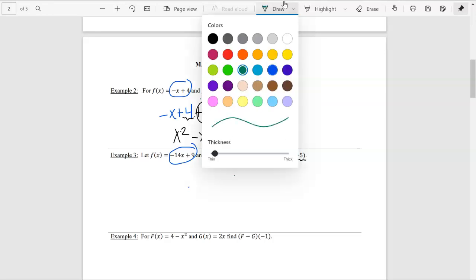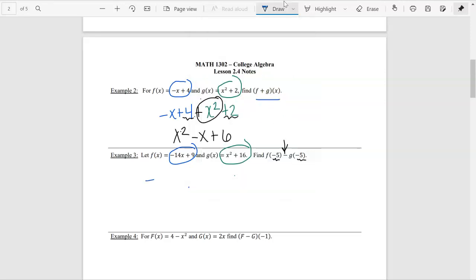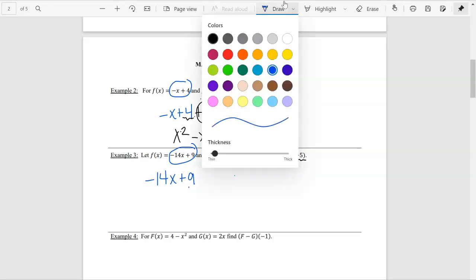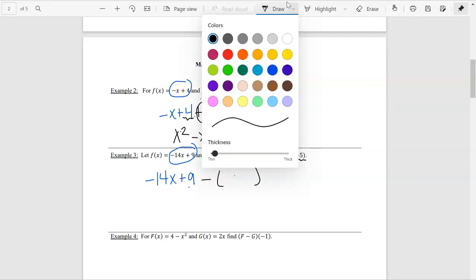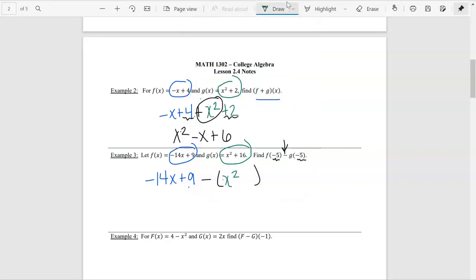So we are subtracting this time. So we're going to say negative 14x plus 9. Then it's asking me to subtract, so I'm going to use my minus sign. And I'm going to use my parentheses because I want to make sure I'm subtracting this whole g of x, which ended up being x squared plus 16.